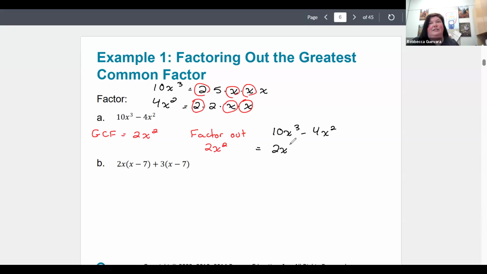So if I divide 2x squared out of 10x cubed, all I'm going to be left with is a 5x. If I take 4x squared and I factor out a 2x squared, that means all that's going to be left behind if I divide this by 2x squared is just the 2.